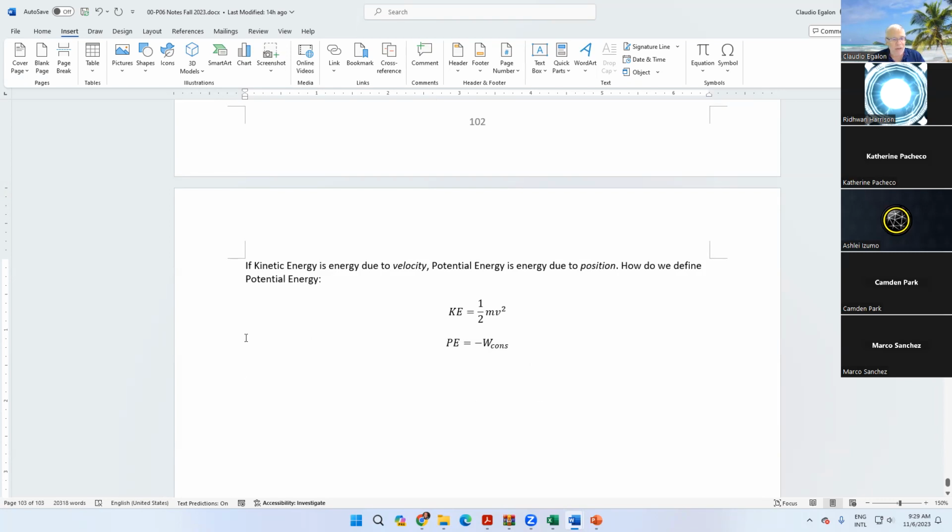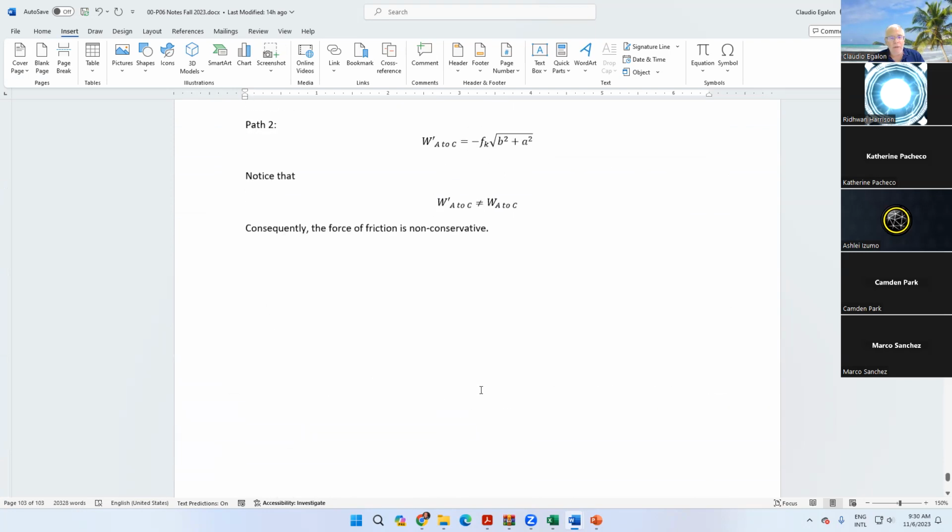And now that we have this definition of potential energy, you're going to see something important in physics. That's called the conservation of energy, conservation of mechanical energy. It follows from the work kinetic energy theorem, the one that we derived before.